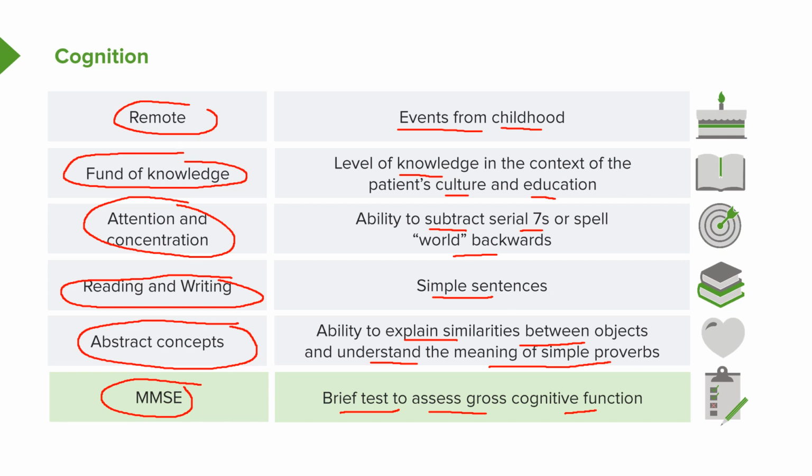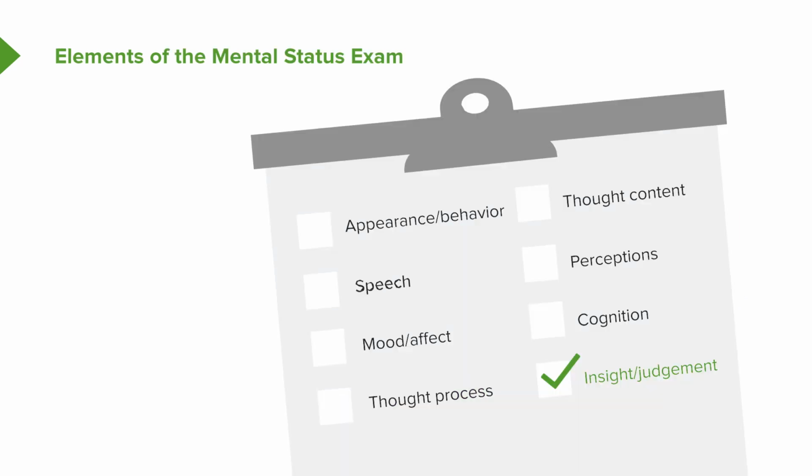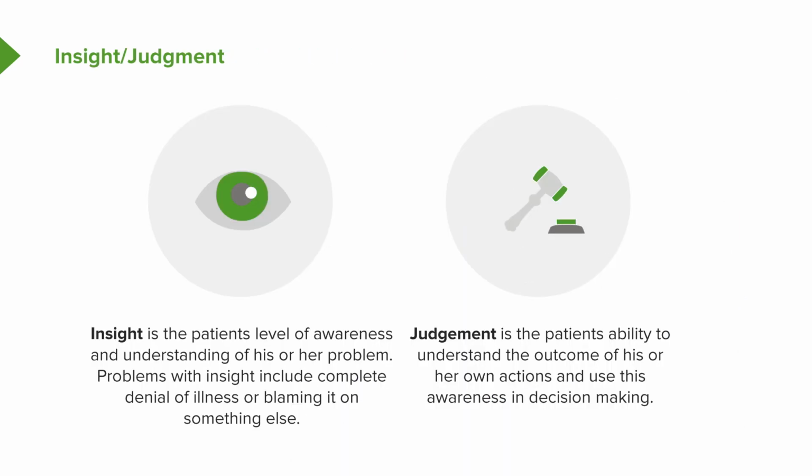So all of these are important components of the mental status exam, including what we call the ability to have insight or to engage in judgment. Insight is the patient's level of awareness and understanding of his or her own problem.